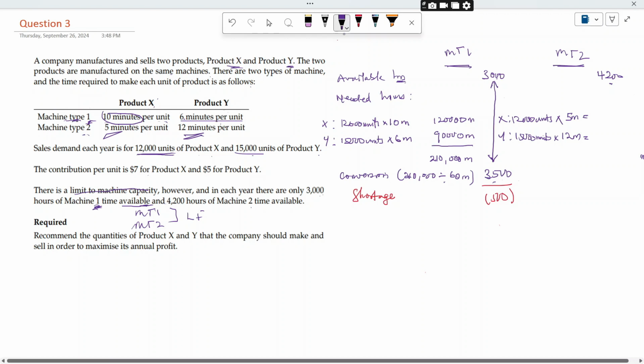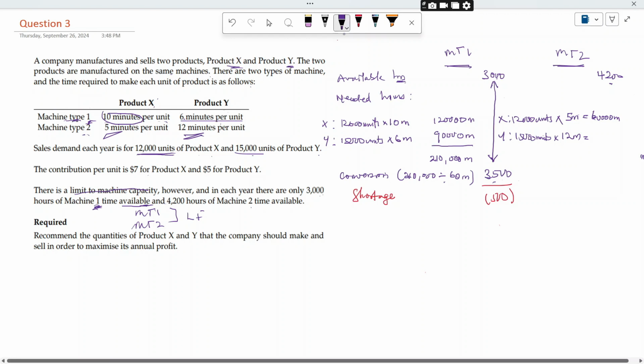When you multiply 12,000 by 5, you are going to get 60,000 minutes.